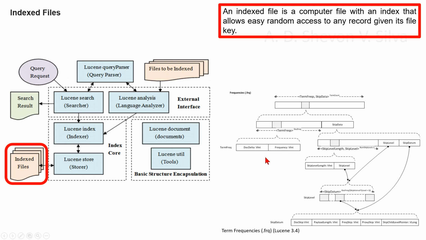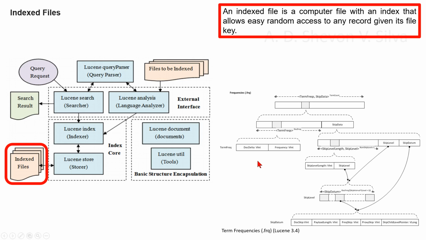Doc ID delta equals 7, and the binary is 0000111. Since we want to store the frequency of 1 in doc delta, the last bit of the doc delta is 1, so it is odd, and we know that the frequency is encoded in the doc delta and freq equals 1.